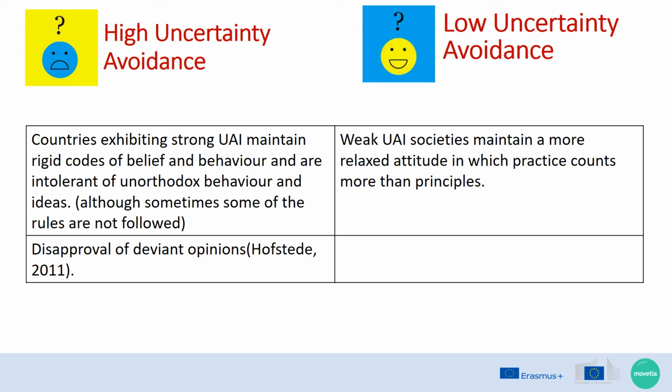If we take it into the relation with professionals in high uncertainty avoidance, they need to have very clear, specific tasks. They may really like protocols, and they will be really necessary in these societies. And it is possible that it's more difficult being flexible and adapting the care to the situations of the patient.